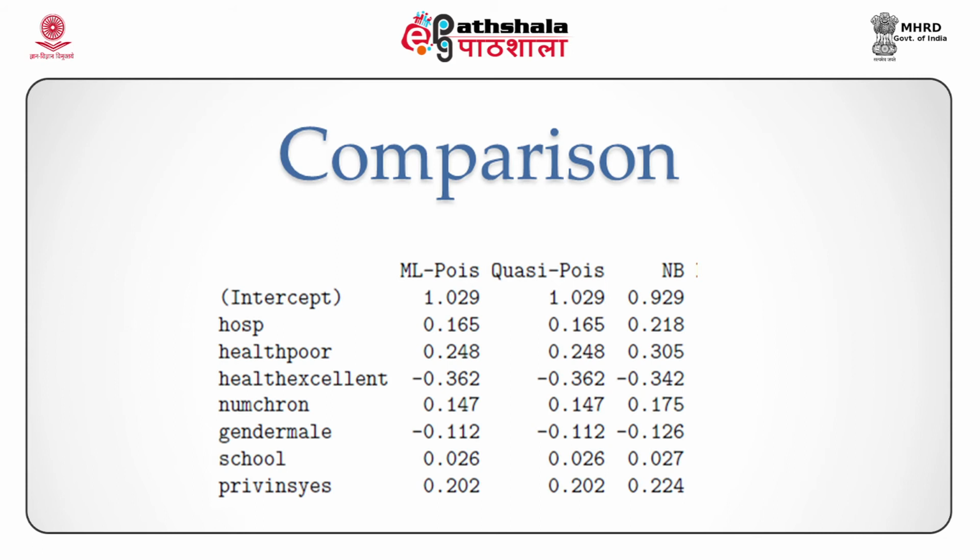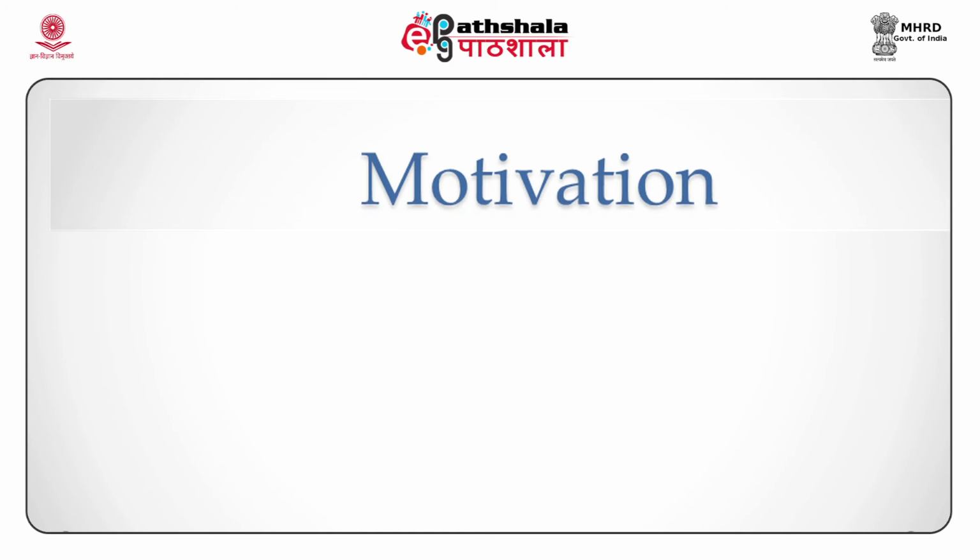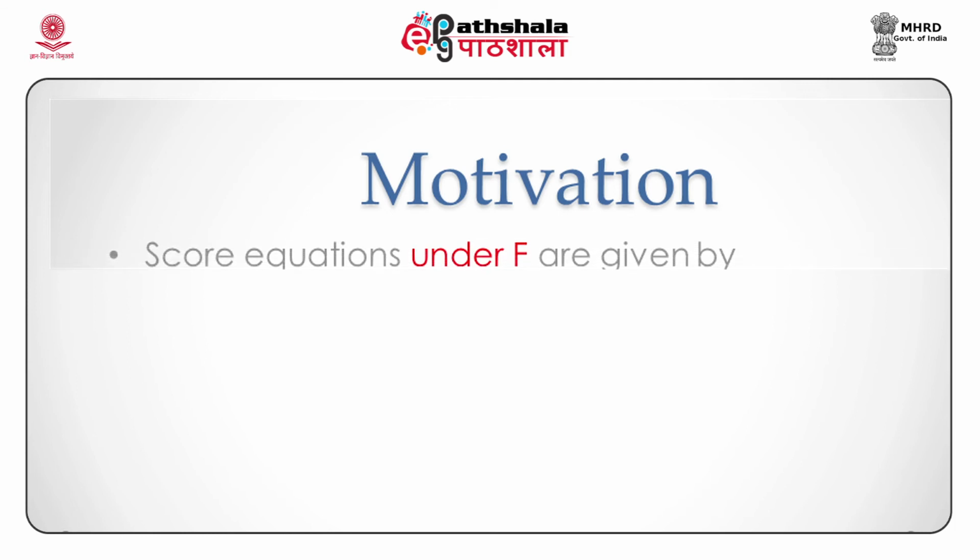So what is it that we really did using the quasi-Poisson family? Let us look at the motivation. Now, if we have a model which is specified by a probability function f, and if we find the score equations under the model f, they are typically of the form summation i equal to 1 to m of s_i f (theta m hat) equal to 0.